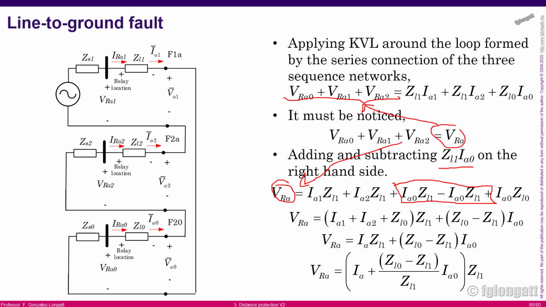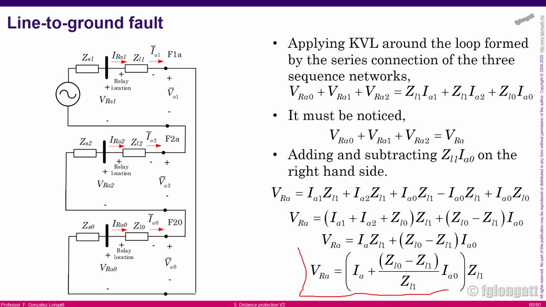That is a mathematical trick, and it allows me to identify a relationship between the voltage on phase A and the current, and here you can see this is the apparent impedance that the relay sees when there is a single line to ground fault. What I want to do now is something very simple. What I want to do is the following.